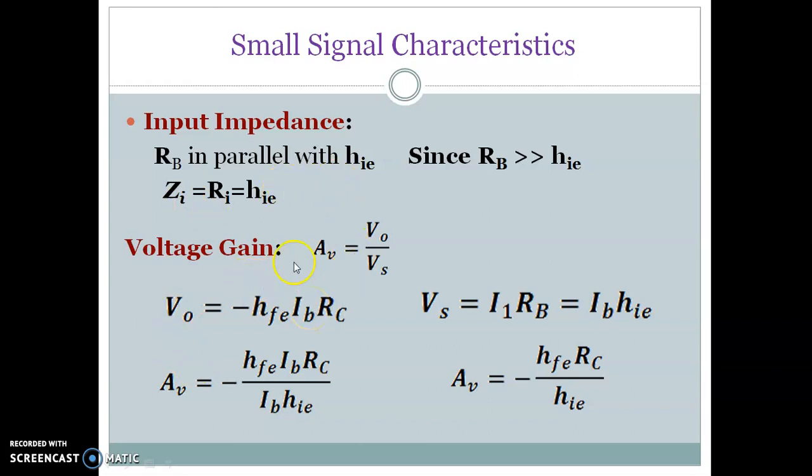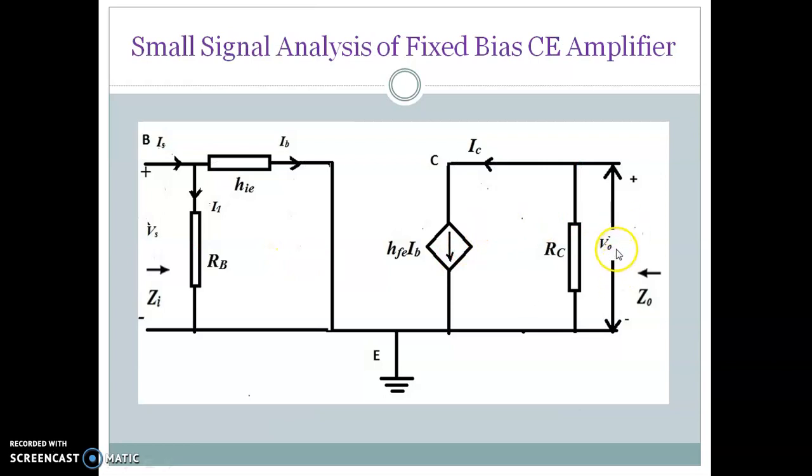Next, your voltage gain. Voltage gain is given as output voltage by input voltage, so V0 by Vs. But what is V0? V0 is the drop across RC. How to measure the drop across RC? It is IC current that flows here but in the opposite direction, so it is minus IC. What is IC as per this diagram? It is HFE-IB. So minus HFE-IB times RC will be equal to your V0.